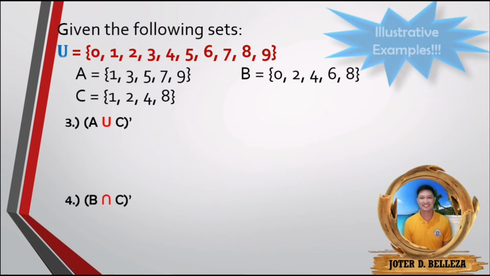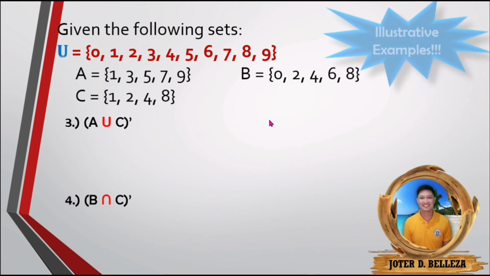Now let's proceed to number 3. To answer number 3, we have to recall the concept of the union of two sets. I've discussed that already in my previous video about the union and intersection of sets, but let me just give a short recap. Speaking of union, you are combining the elements of two sets without repetition of elements.